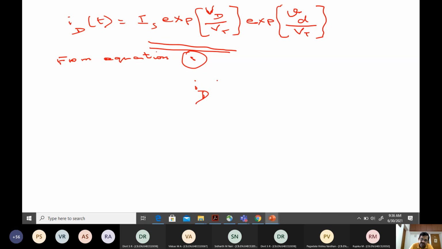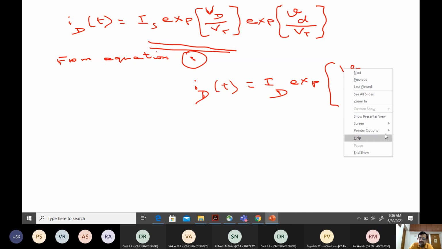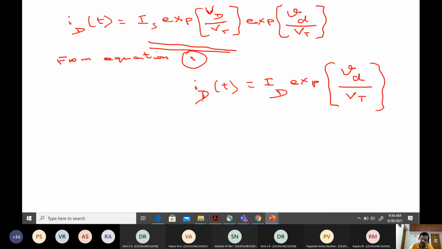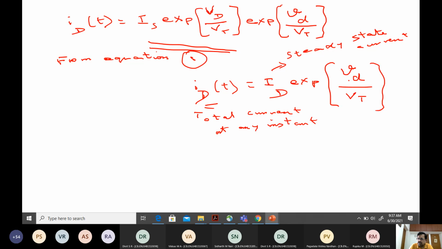Which means i_D of t becomes simply I_D times exponential of small v_d by V_t. So this is the total current at any instant, and this is the steady state current, and you get this exponential of v_d.